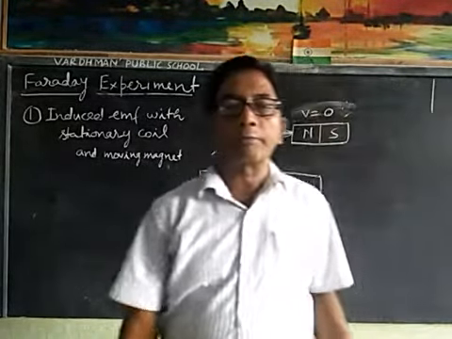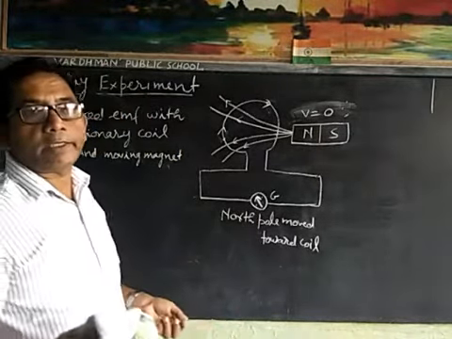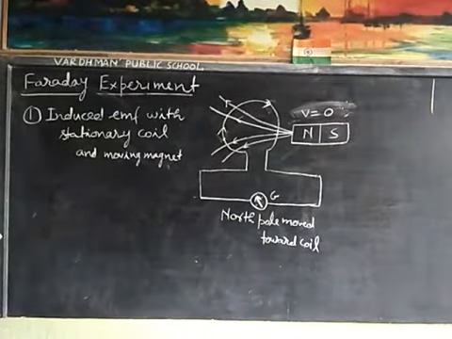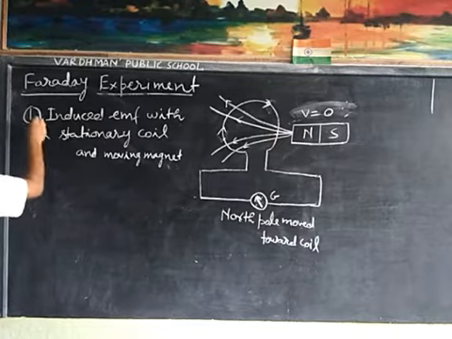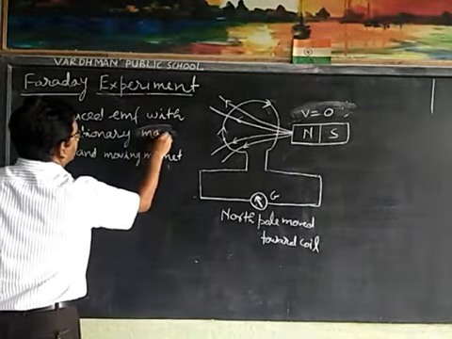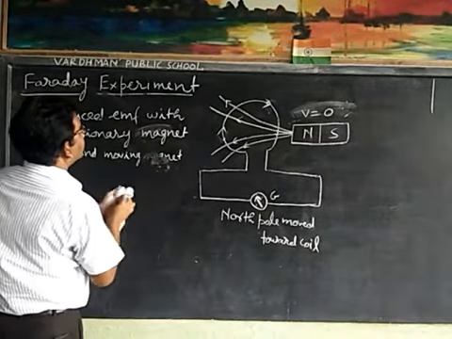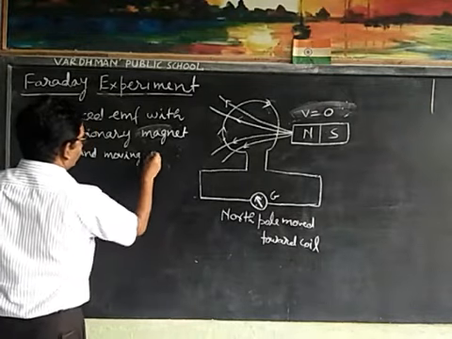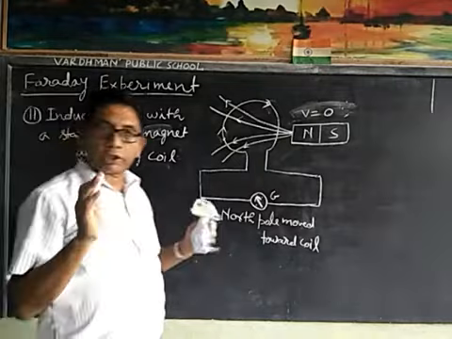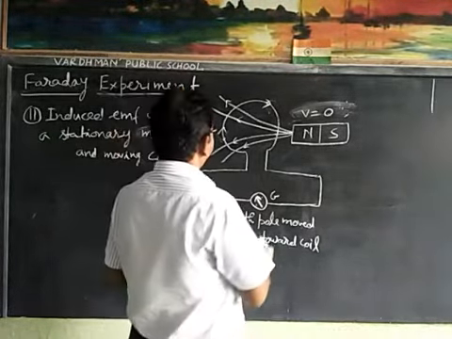Now, the second experiment, that is, induced EMF with a stationary magnet and moving coil. In this case, the magnet is stationary, but the coil is moved.